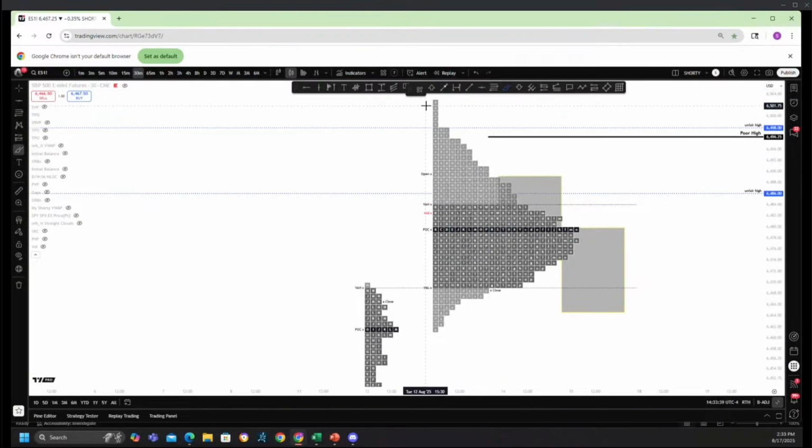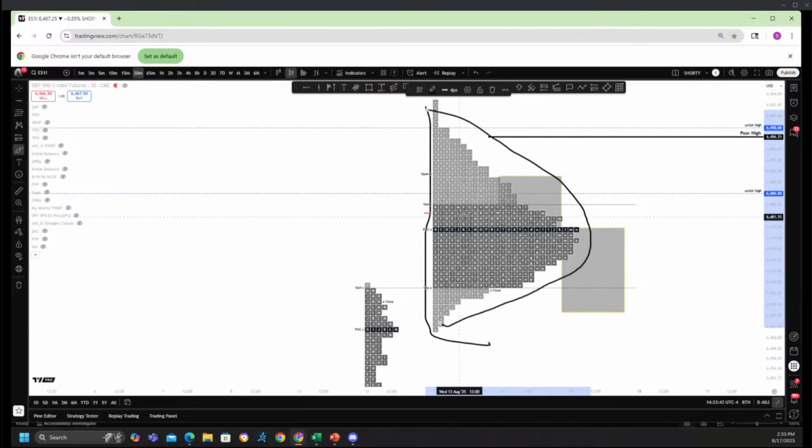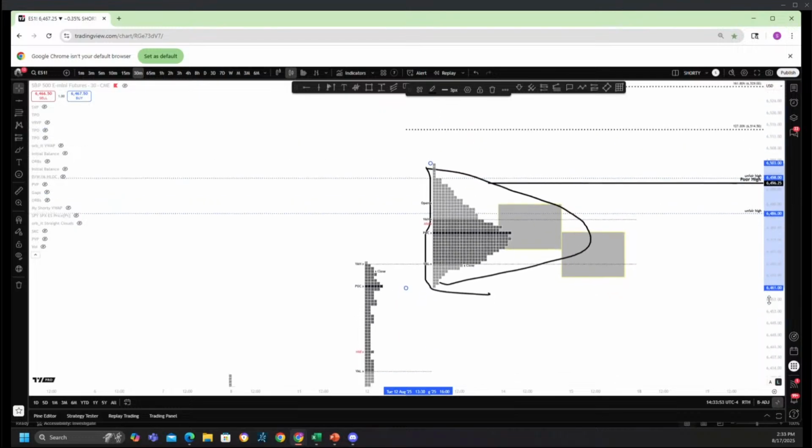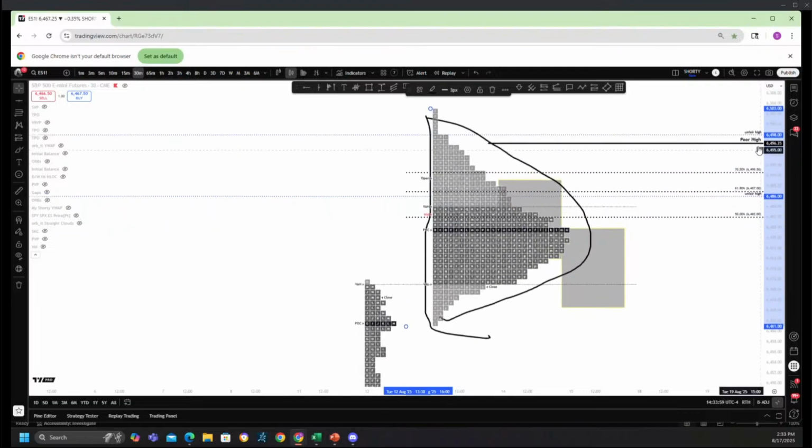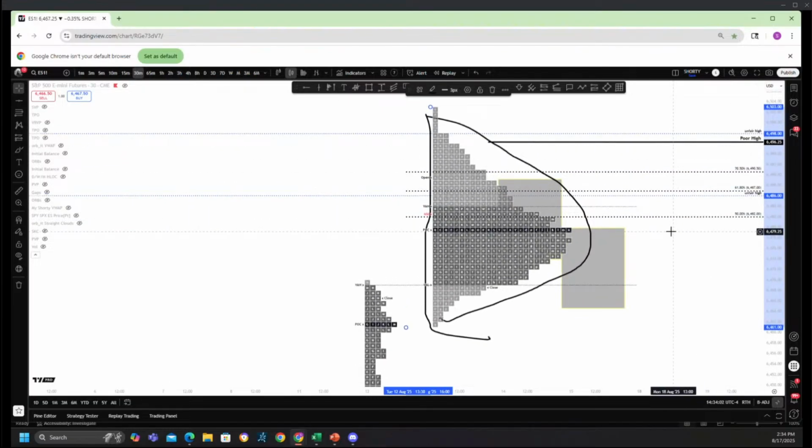Now this is your D shape, and 99% sure that if you grab it here and go to the bottom of it, where's the 50% going to be? Dead in the middle, almost. Let's see retracements. Where's the 50%? Right next to the POC. That's what you anticipate in the D shapes.